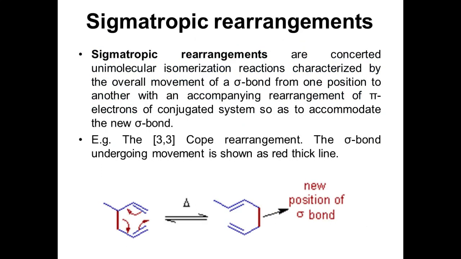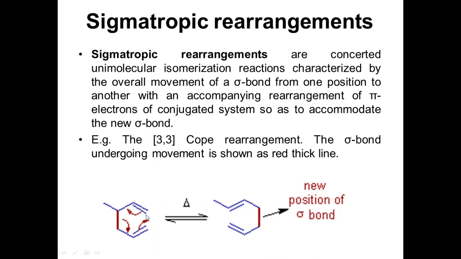Next, the sigmatropic rearrangement. What is a sigmatropic rearrangement? These are concerted unimolecular isomerization reactions characterized by the overall movement of a sigma bond from one position to another, with accompanying rearrangement of pi electrons of the conjugated system, so as to form the new sigma bonds.